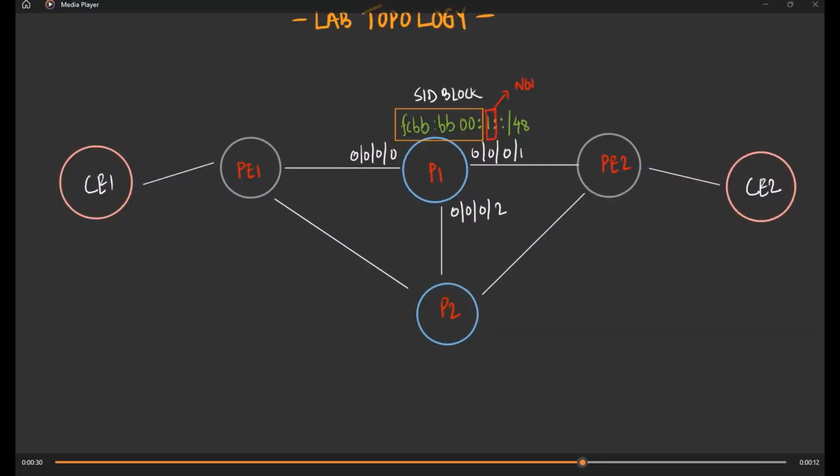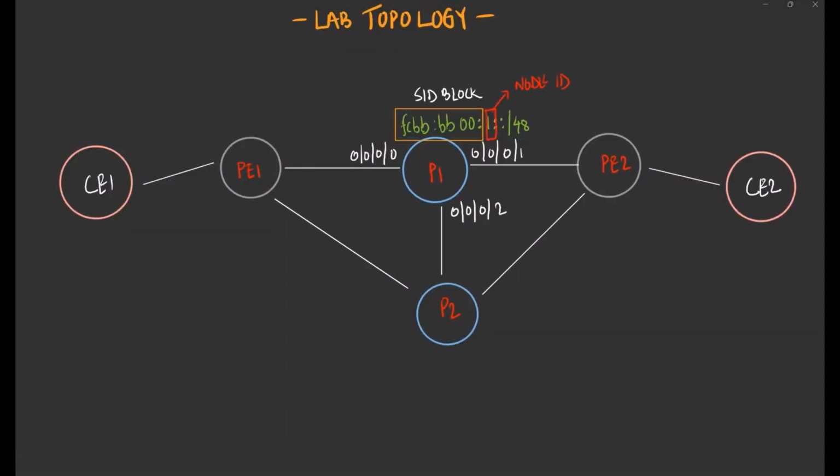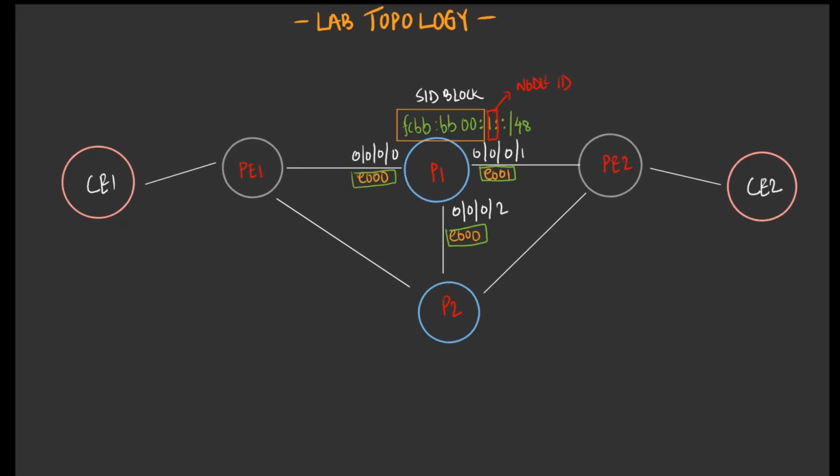So I configured the node SID, and then if you see here, all the links have been assigned an ID, that is function. So based on this function, basically where it will be sending towards, for example, traffic is coming here, this is an endpoint, and based on this endpoint, this function will be attached to that as it is endpoint.